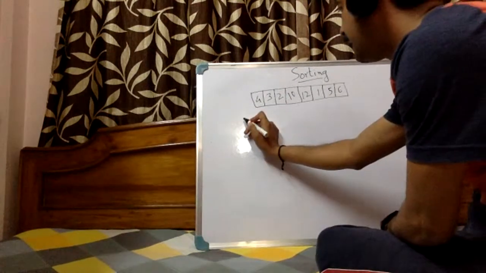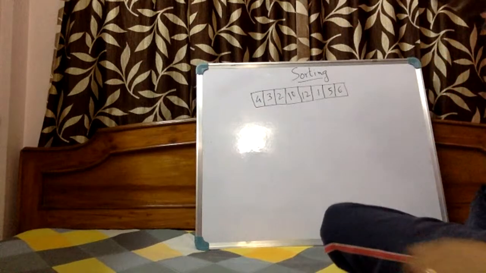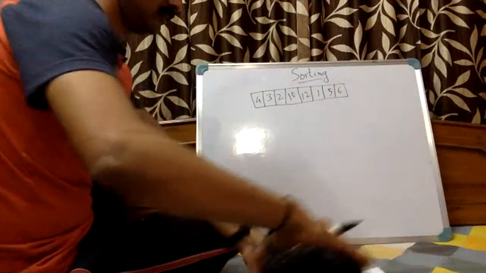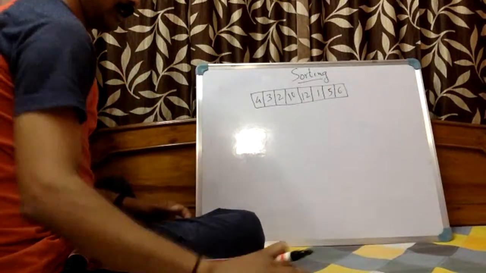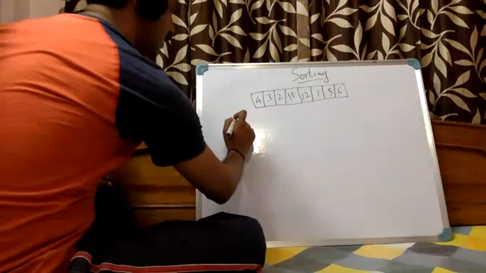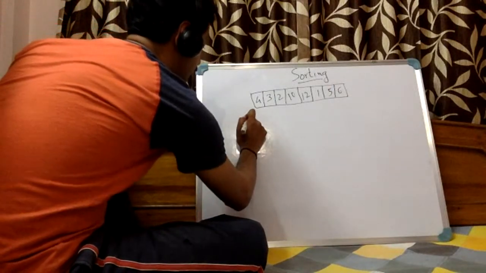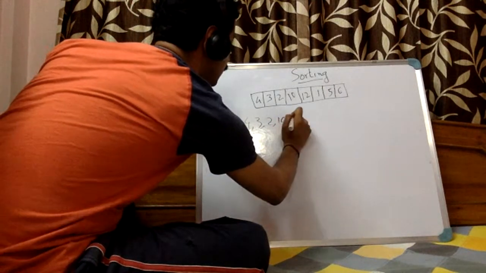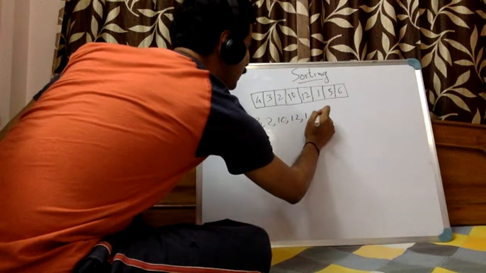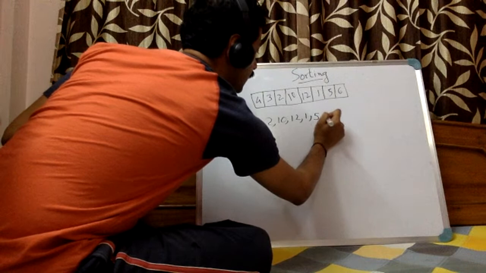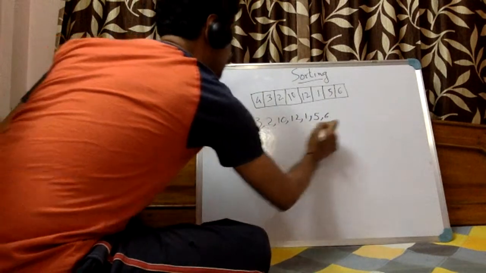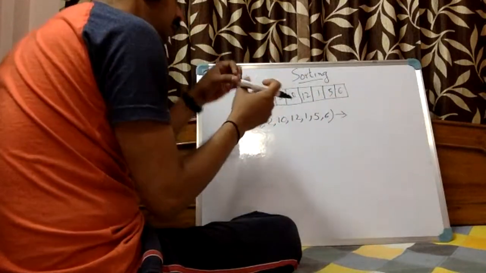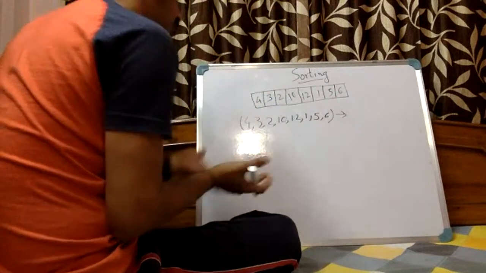We have an array like this: 4, 3, 2, 10, 12, 1, 5, 6. Okay. So it happens inside water. If you think about a bubble, the bigger bubble goes up and vice versa, right?